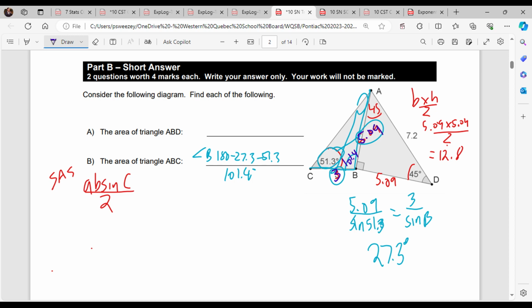I can then plug all of those things into this formula because it's in the right order, side angle side. So 5.09 times 3 times sine 101.4, all divided by 2. And that's going to give me something specific.